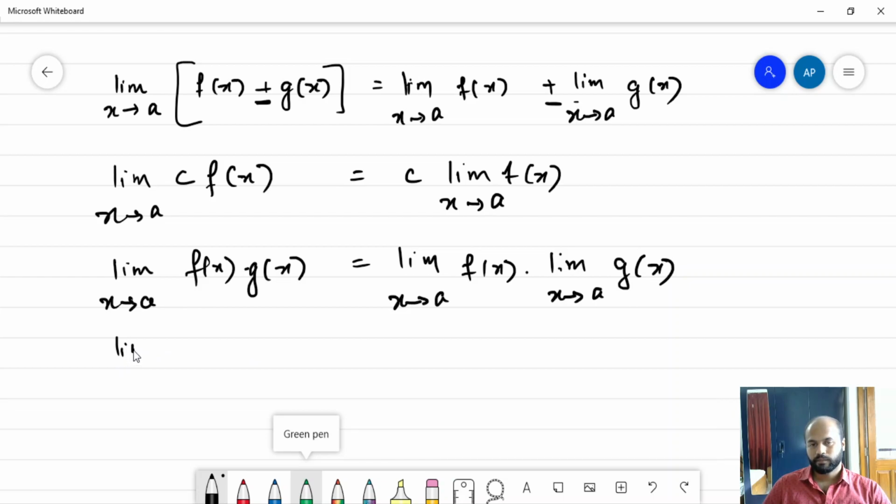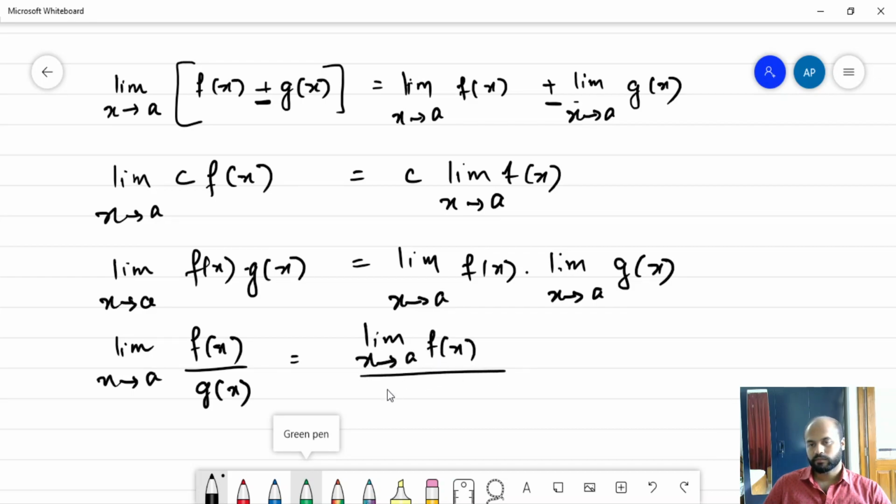Lastly, we are going to take the division part of it, f of x by g of x, and now we have to apply the limit to both these functions. So this is what we get. Now these are some properties that you have to remember before solving the limits problems.